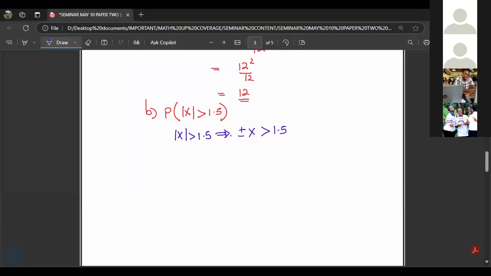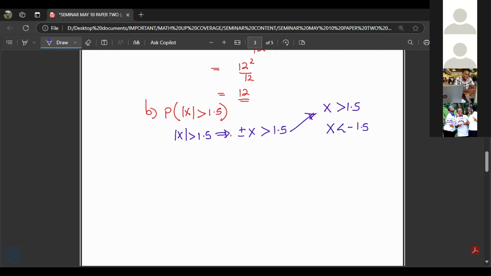So this implies that you can have x is greater than 1.5 or x is less than -1.5. But we want to get the probability of this chance happening, the modulus of x being greater than 1.5.